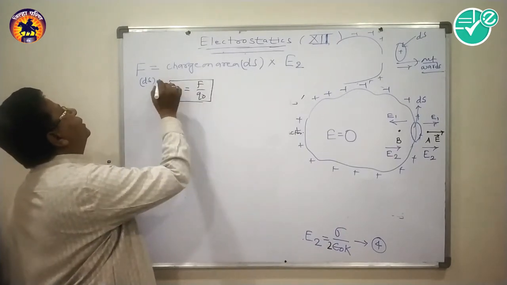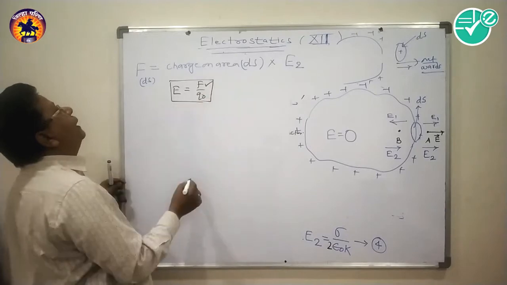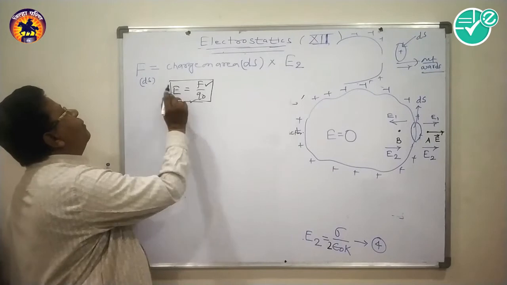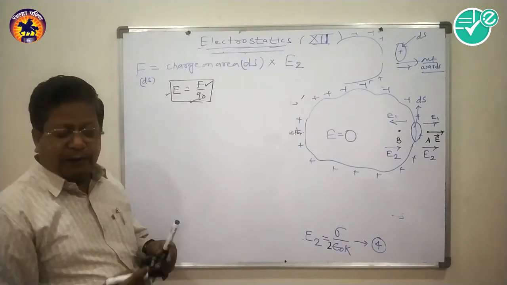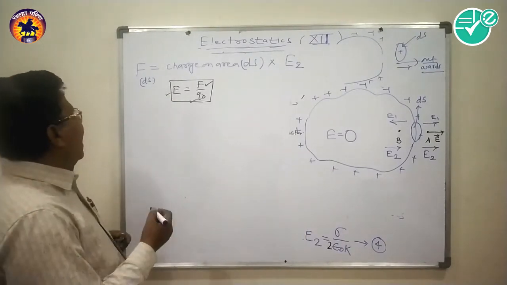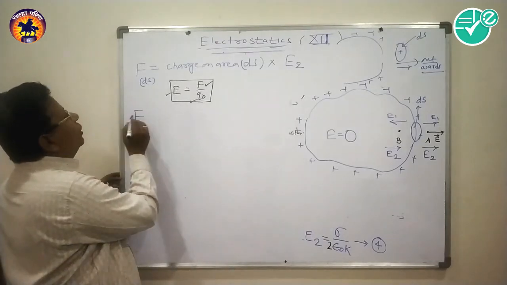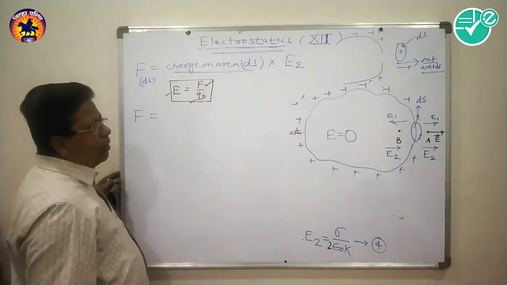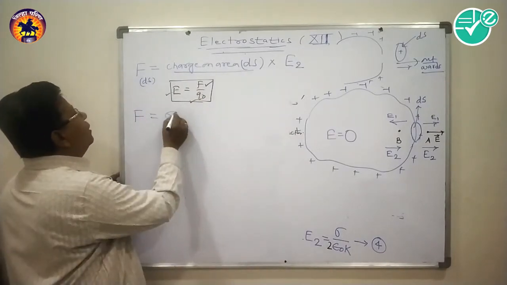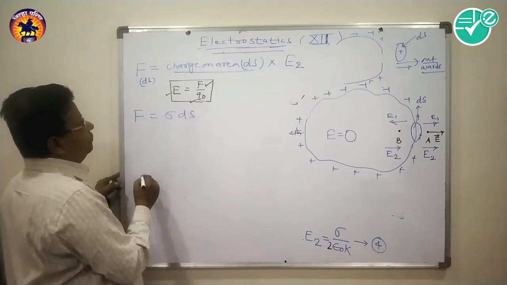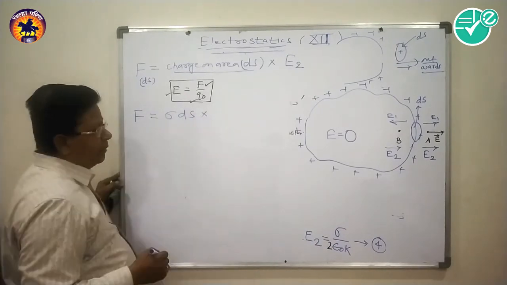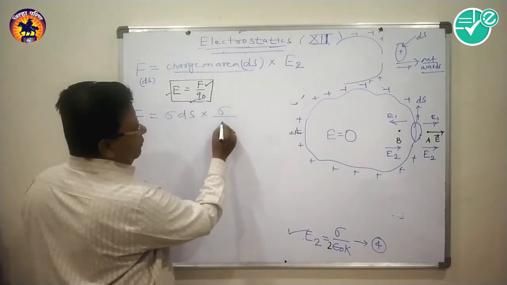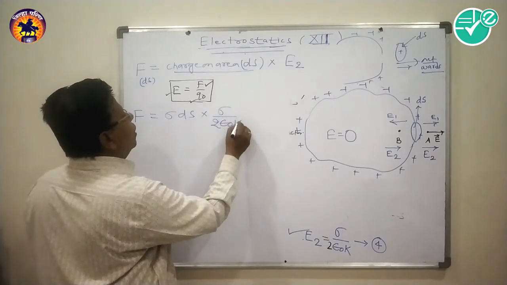By using this concept, we write the force on area ds is equal to charge on area ds multiplied by electric intensity, and the charge on area ds is sigma into ds multiplied by E2, which is equal to sigma divided by 2 epsilon 0 k.